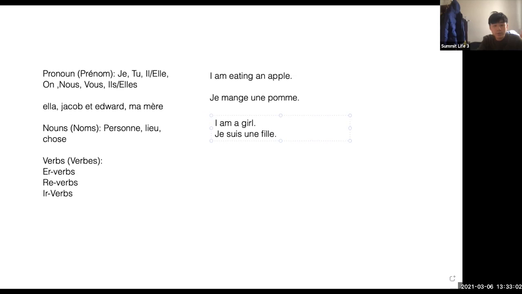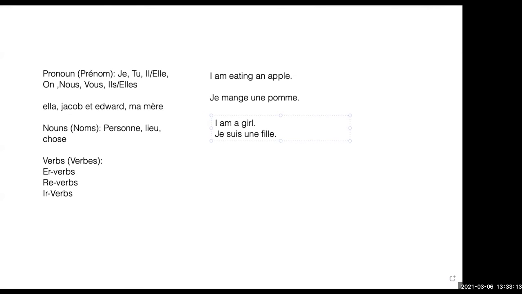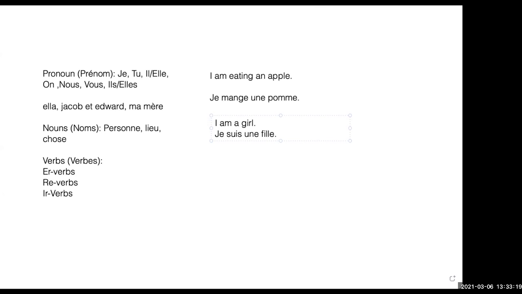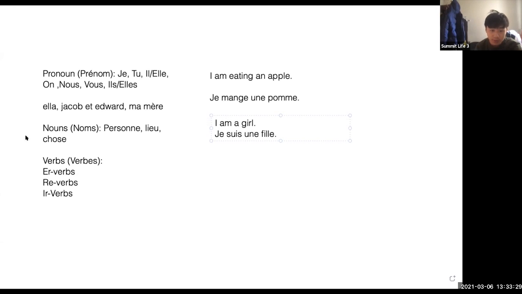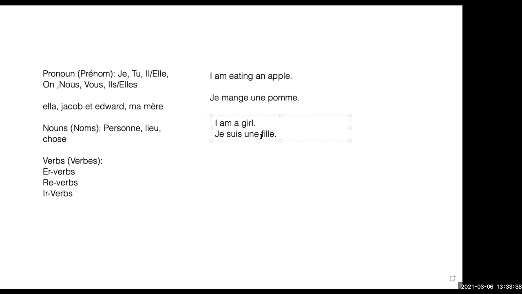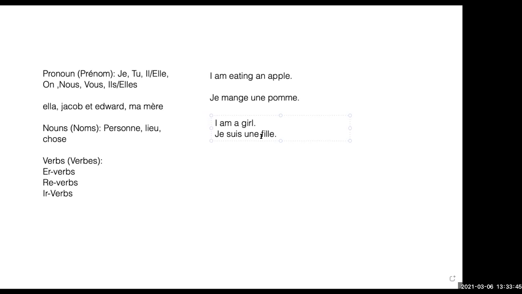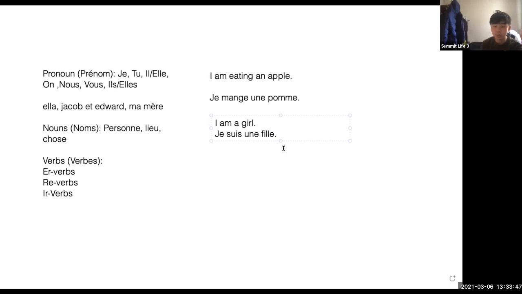So where is the pronoun? Je. Right, and pronoun is what in French? Prénom. Good. So où est le nom? So nom is noun. Où est le nom? Fille. Fille, right? And où est le verbe? Suis, awesome. Do you know what the verb suis is under?